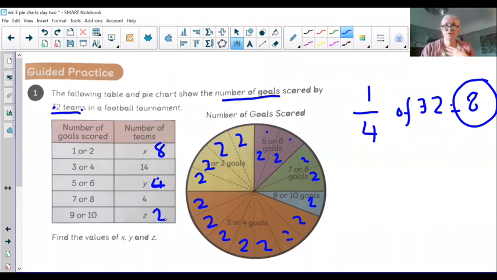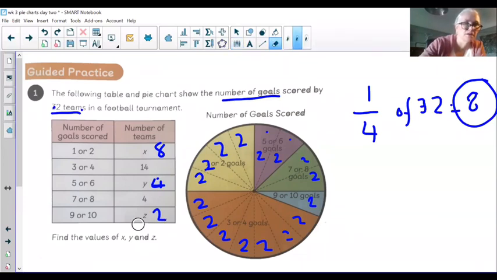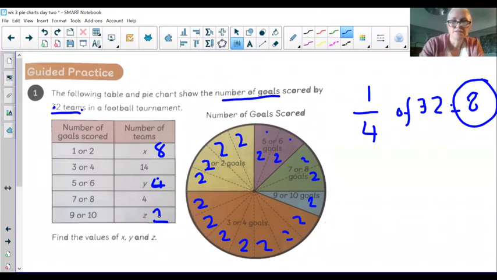Now, I would go and check that by thinking this table here needs to add up to 32. So I've got 8, add 14 is 22. Add 4 is 26, add 4 is 30, add 2 is 32.